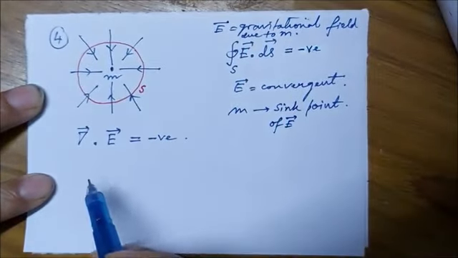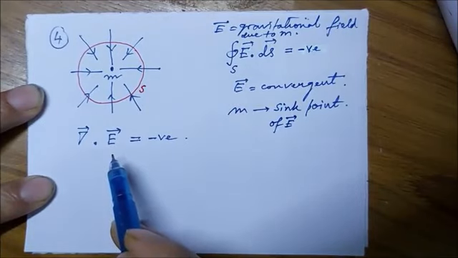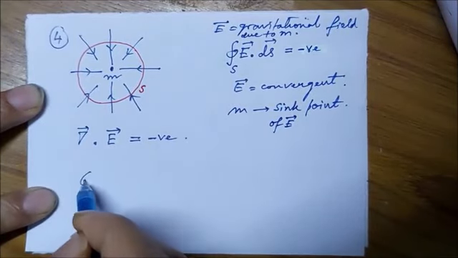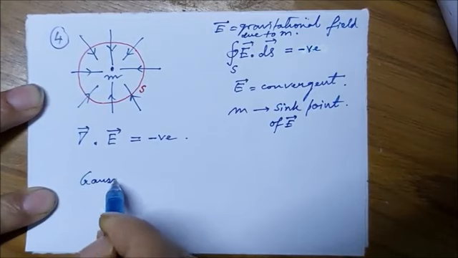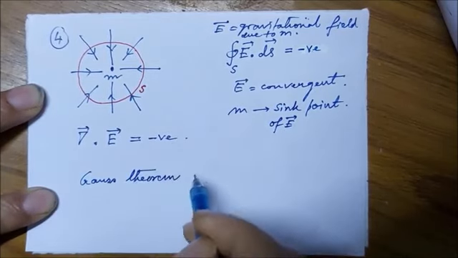this mass. Now the value of divergence E is given by a famous law, which is Gauss theorem on gravitation.